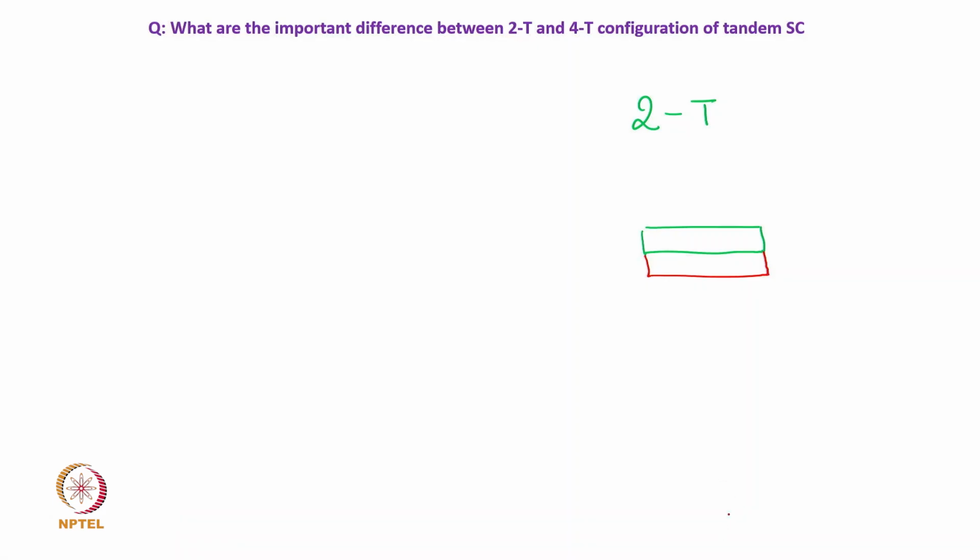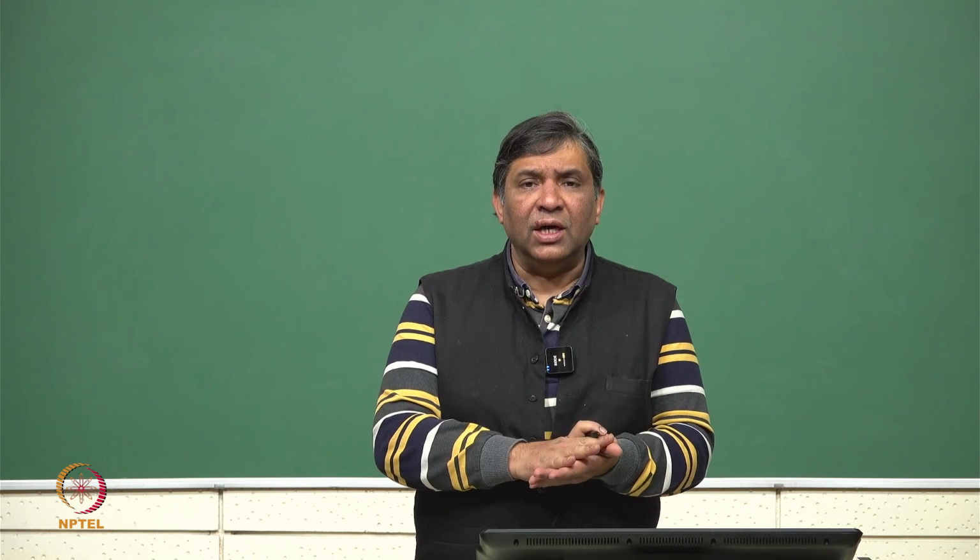So, this is higher band gap, and this is lower band gap, and they are monolithically fabricated. So, they are completely in contact with each other.